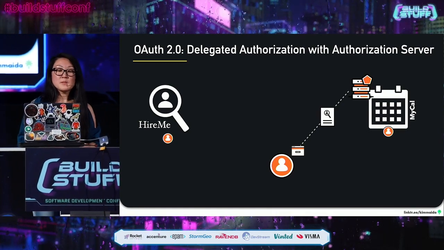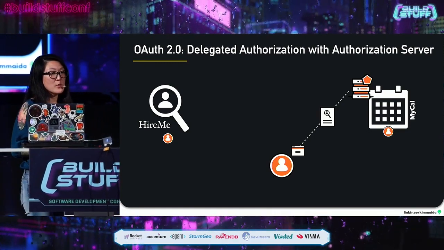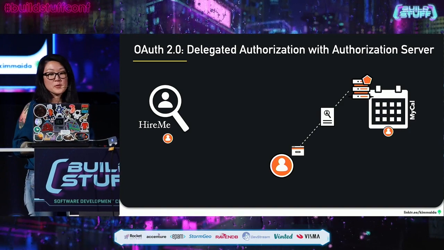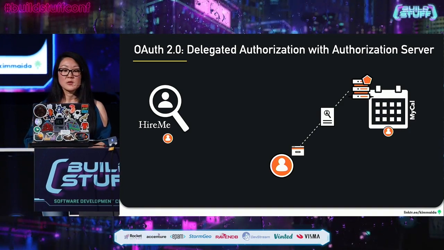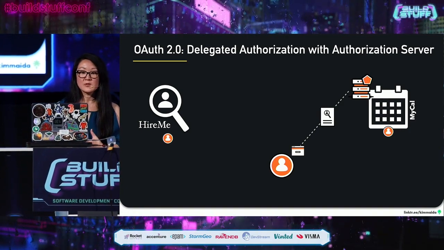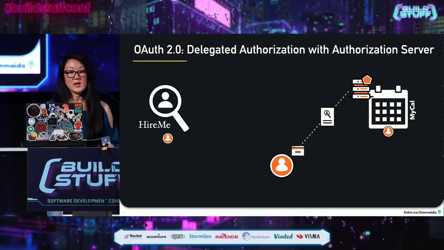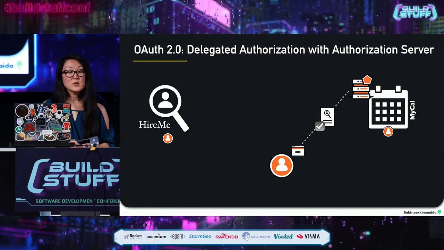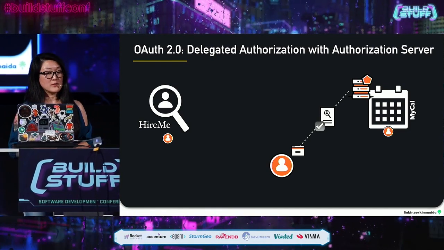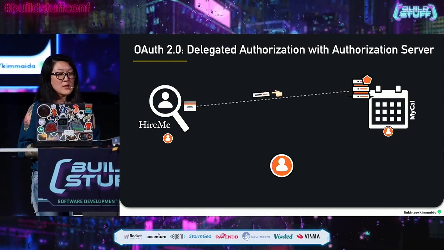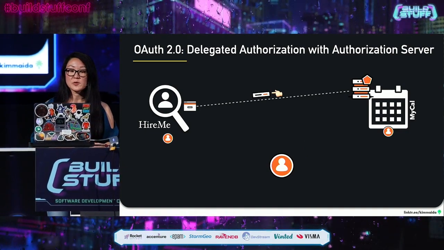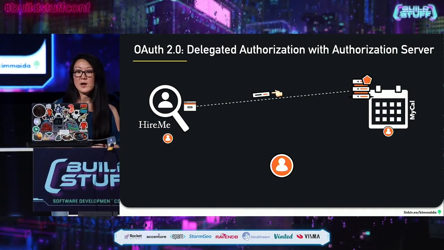And at this point, the MyCal authorization server is going to prompt the user in the browser for their consent to allow HireMe to access the MyCal API to add an event on the user's behalf, but not do more than that, just add an event. You then have to explicitly agree to this. So if you agree, then the MyCal authorization server will send an authorization code to HireMe in the browser.